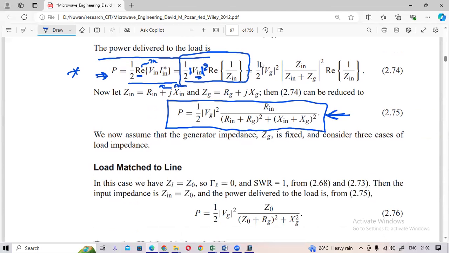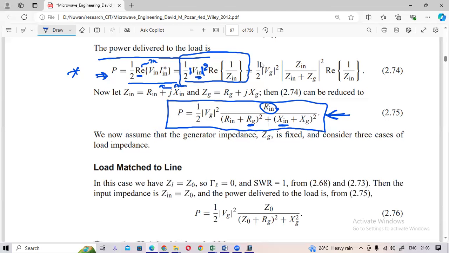This is the power delivered to the load. You can see that it mainly depends on the real part of the input impedance and the real part of the generator impedance.